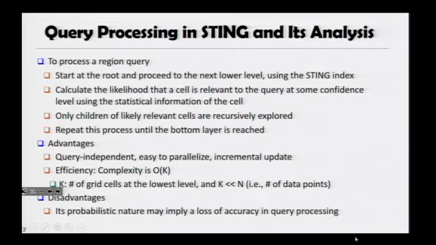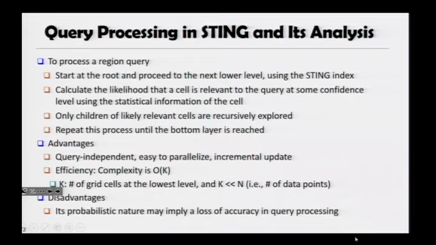I'm not going to dive into the details of how the indexing works, but I think this rough idea of the STING algorithm should be captured in this slide. So starting from the root, they proceed to the next level, and when they proceed to the next level, it doesn't mean they exhausted all the children for that cell.